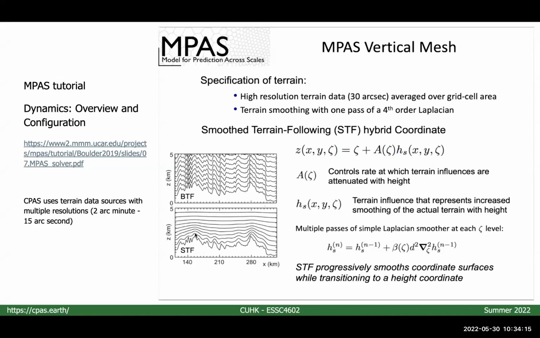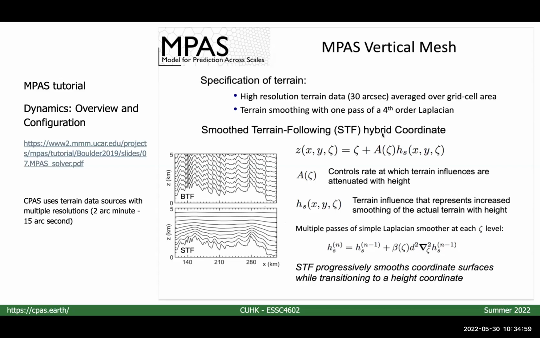Every vertical layer is a complete one without hitting the terrain, and with smoothing, you will see that the STF preserves some features like going ups and downs around mountains for the lower layers, but as it goes up, it becomes more and more smooth. And in the upper layer, basically it is as smooth as just a straight line, shown in here.